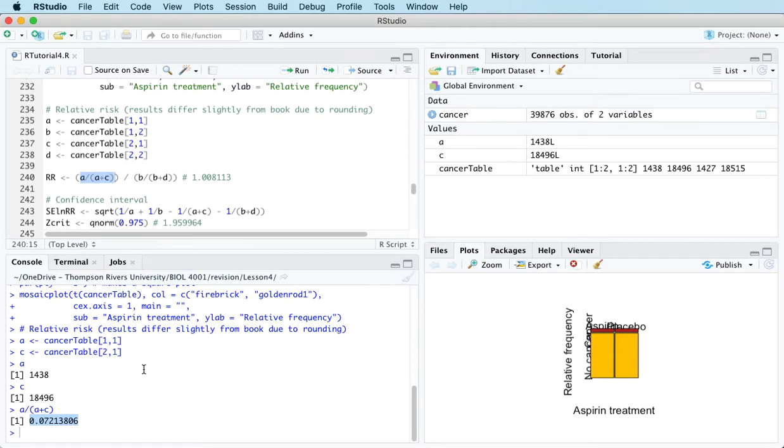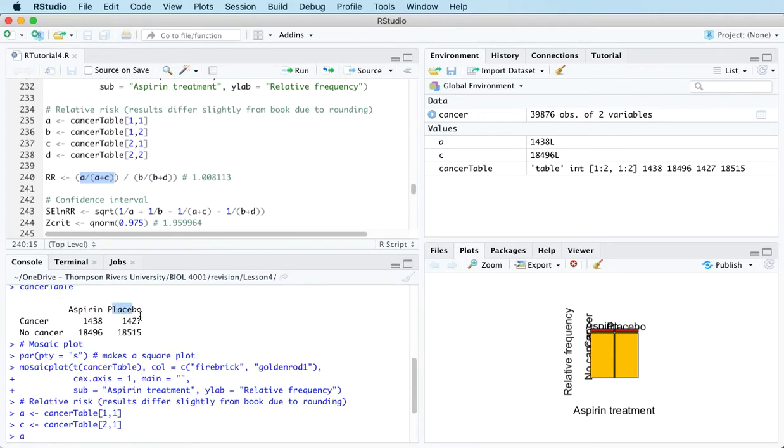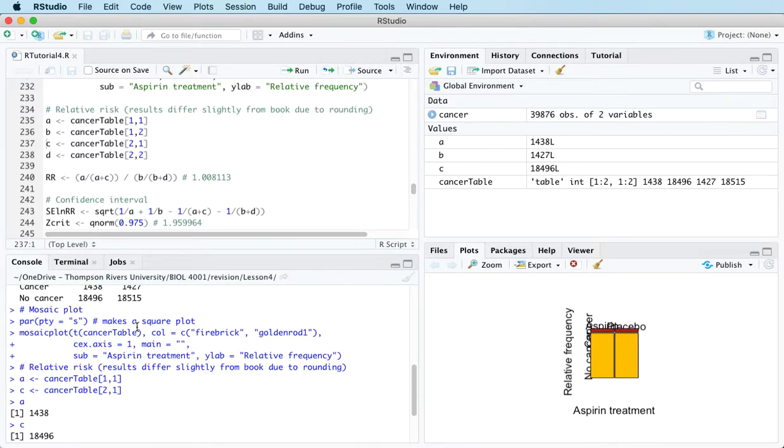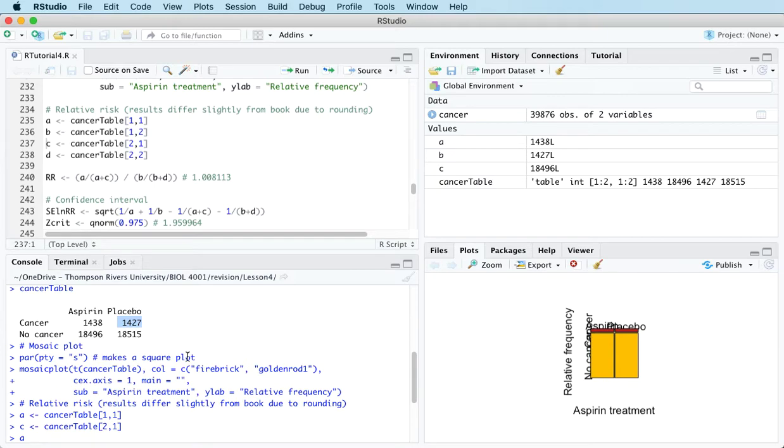We can do a similar thing for the women who received the placebo treatment. In this case, I want to pick off this number. In the table, that was this number here in the first row and second column.